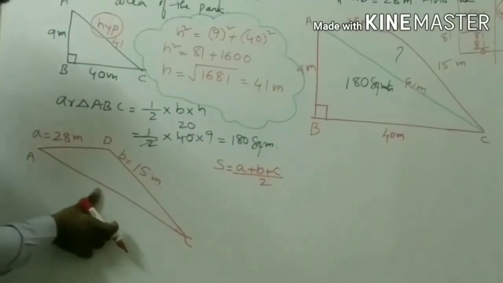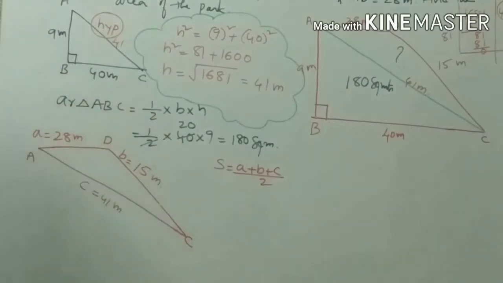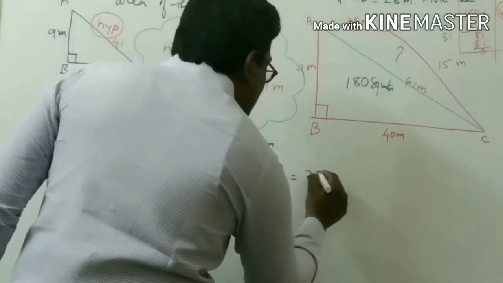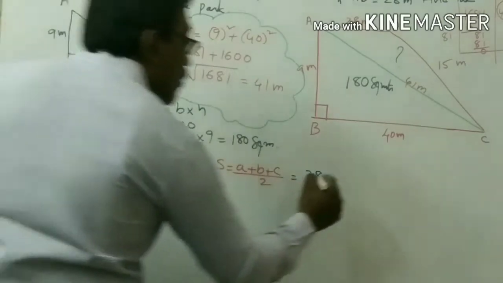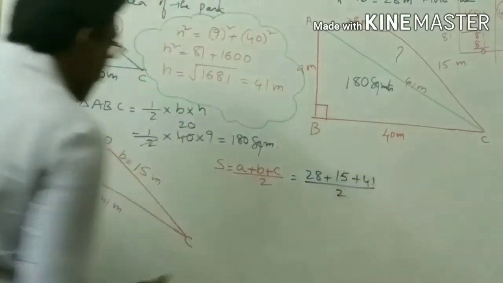And of course now C is equal to 41 meters. Now I am finding A plus B plus C by 2. S is equal to 28 plus 15 plus 41 by 2.